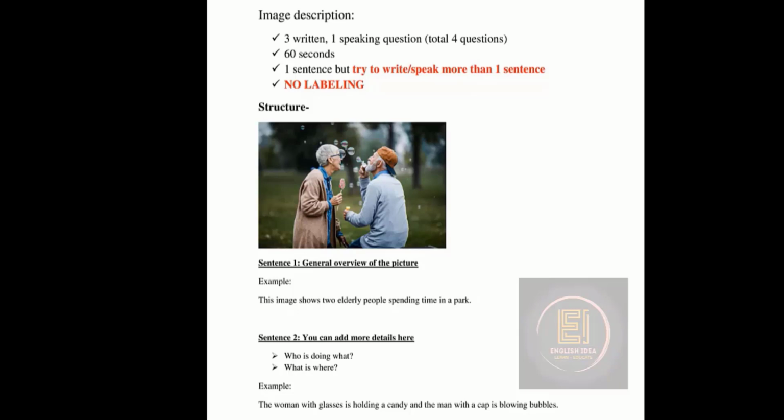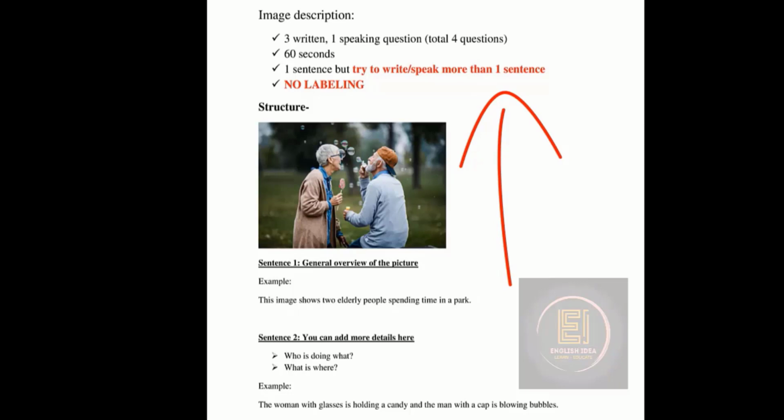For the speaking section, you will get one image that will be shown on the screen and you will have to describe it through speaking using at least one or more sentences. For the writing section, you will get 3 images to describe that will be shown on the screen and you should describe them by writing at least one or more sentences.